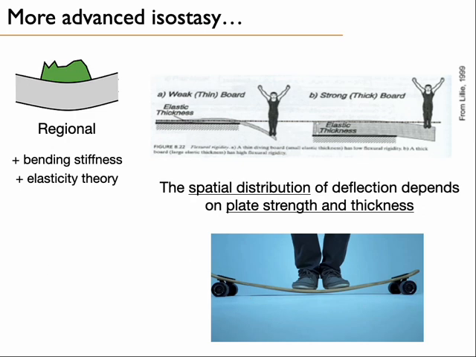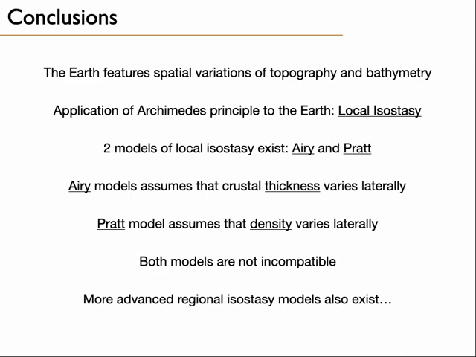So to summarize the lecture, we've seen that the Earth features spatial variations of topography and bathymetry. In order to explain the first order topographic effects, we can use Archimedes' principle applied to the Earth, and that's called the local isostatic model.